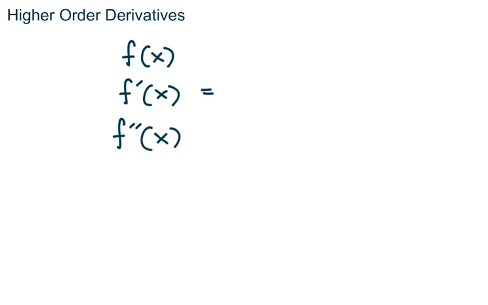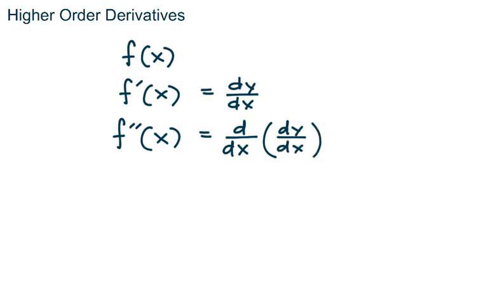Another way we could think about that, if we consider the derivative of y with respect to x, well, d dx, taking the derivative of the derivative, the way we notate it here is d2y over dx2.